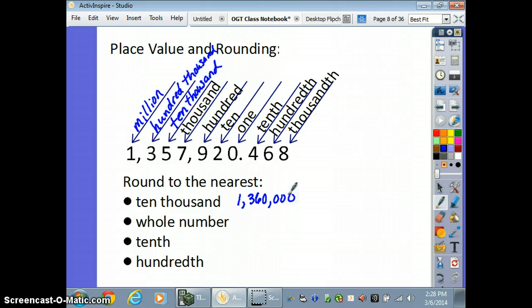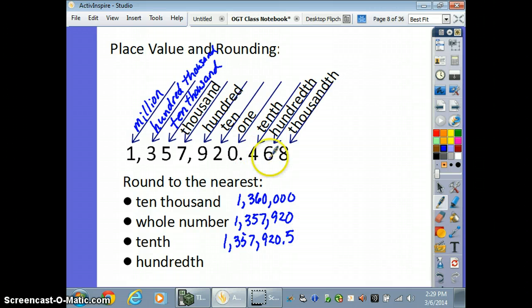Whole number, okay? Whole number is the same thing as ones. So it'd be 1,357,920. To the nearest tenth, we want one digit in the tenth place. So we have 1,357,920.6, which is going to make this bump up to 5.